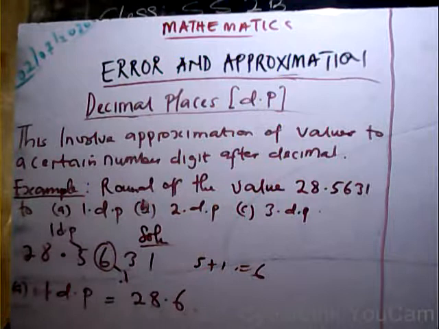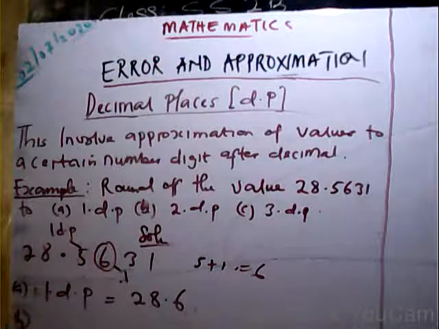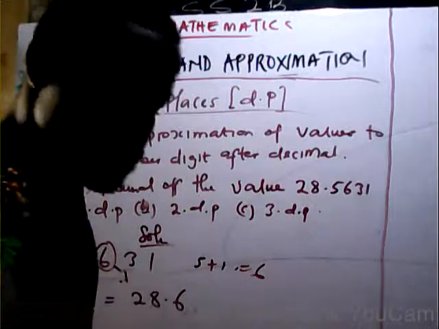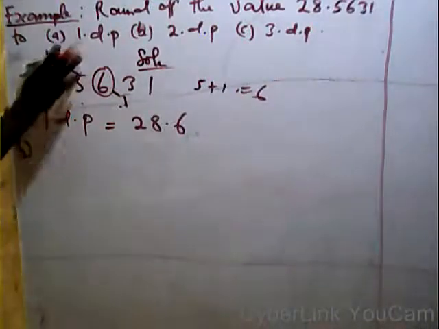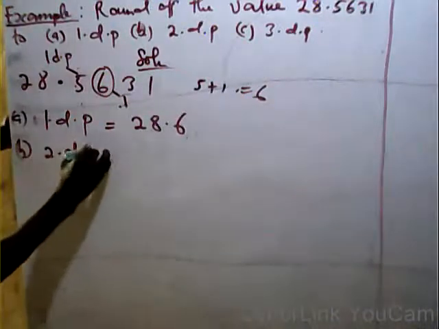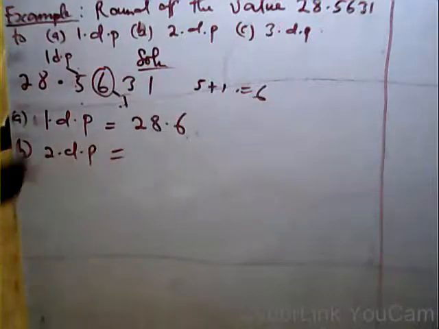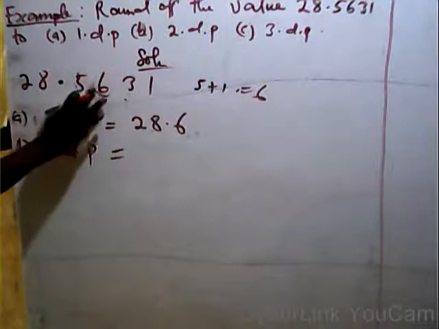Then to 2 decimal places, which is the second one. 2 decimal places falls on this 6.